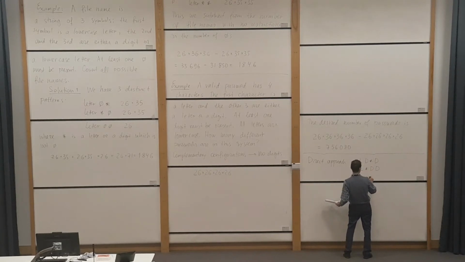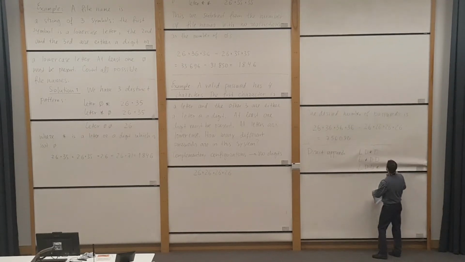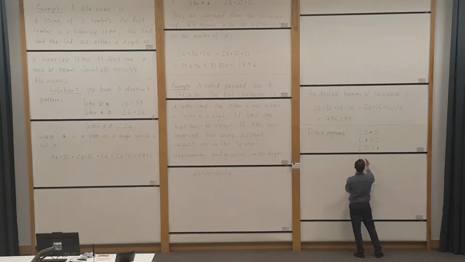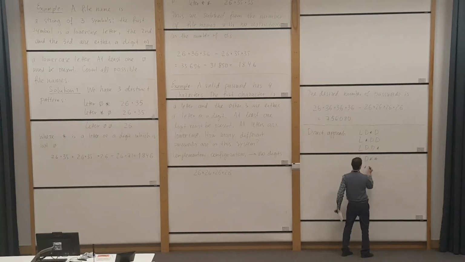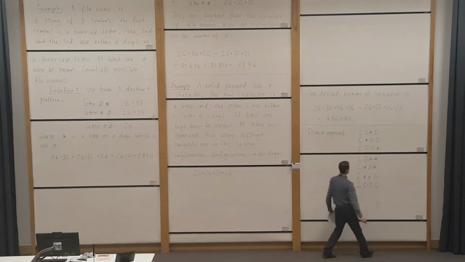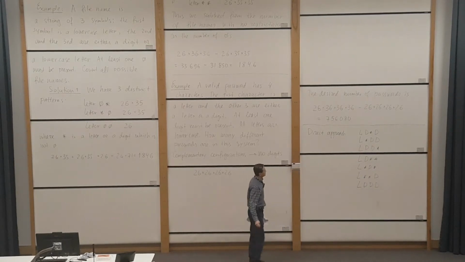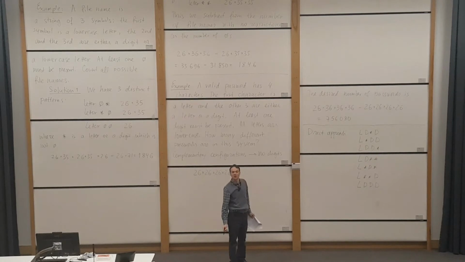Sorry, exactly 2 digits first, or like this. Exactly 1 digit can look like this when it appears in the second position, or in the third position, or in the fourth position, or exactly 3 digits, L, D, D, D. And so you see I have 7 different patterns.